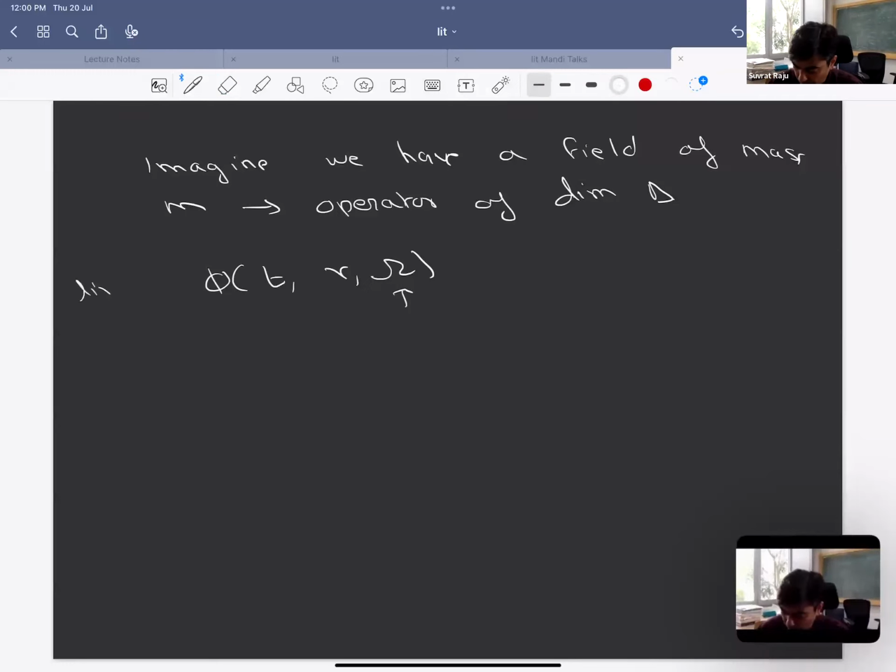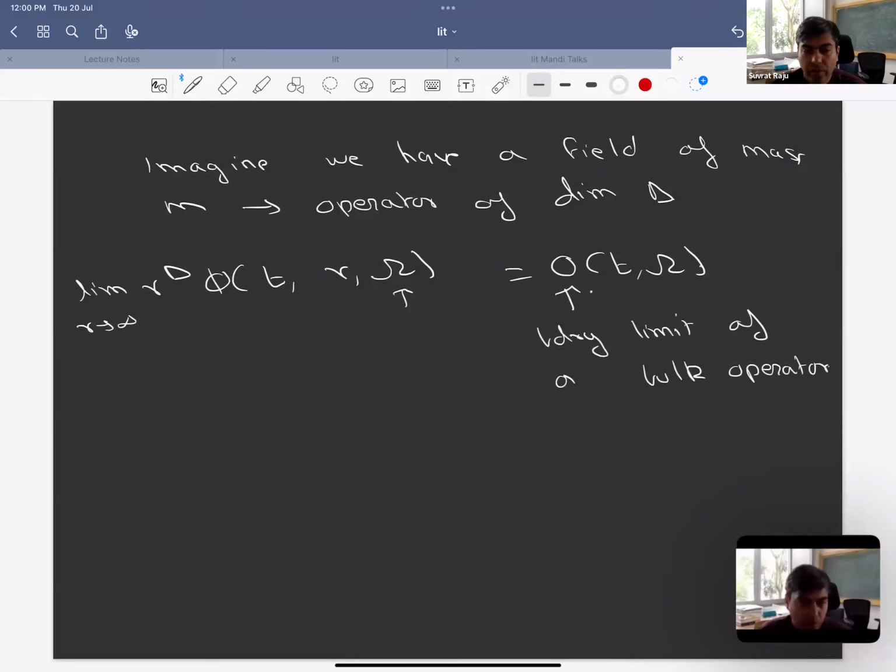So just from the bulk, without at any point saying the words AdS/CFT, or talking about a dual CFT, we could have defined an algebra of operators that lives on the boundary. And this algebra of operators just corresponds to products of these kinds of boundary operators and their linear combinations.